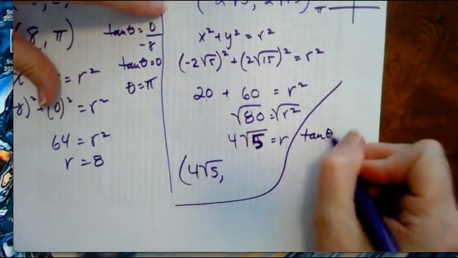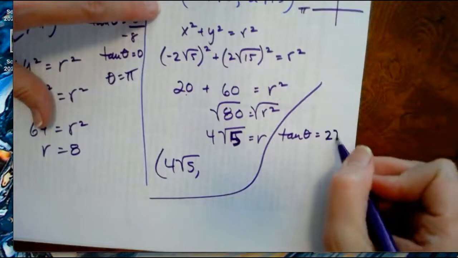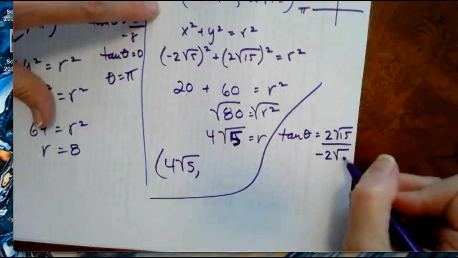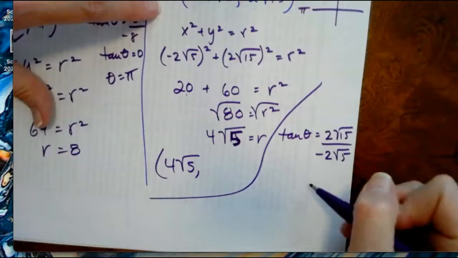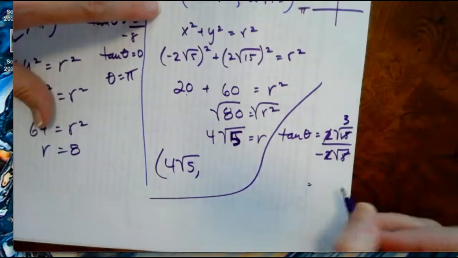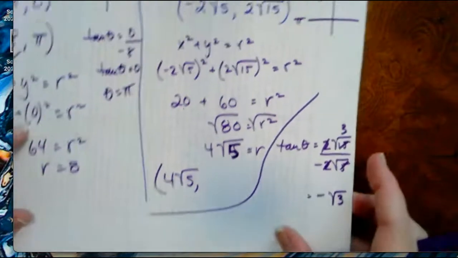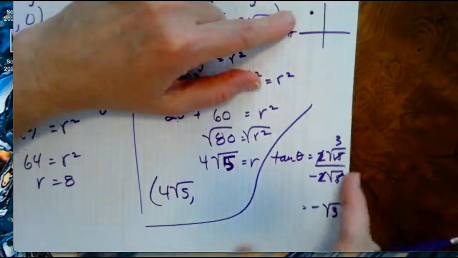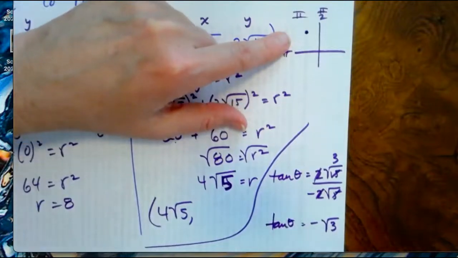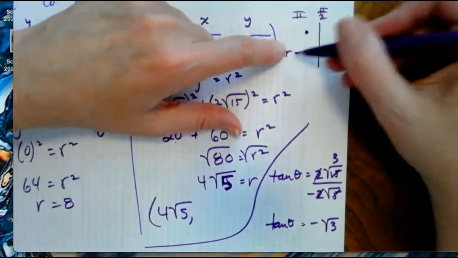So, tan theta equals y over x. So that is 2 root 15 over negative 2 root 5. So the 2's cancel, and root 5 goes into root 15 3 times. We end up with negative root 3. Now, that makes sense to me, and if we are in quadrant 2 and our tan value is negative root 3, that either has to be 30 or 60.